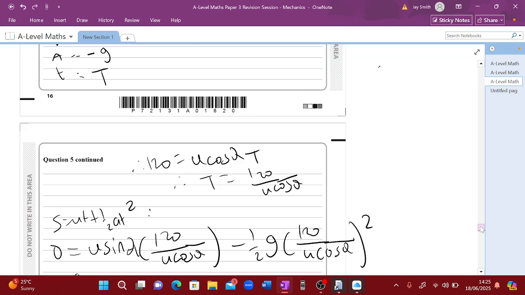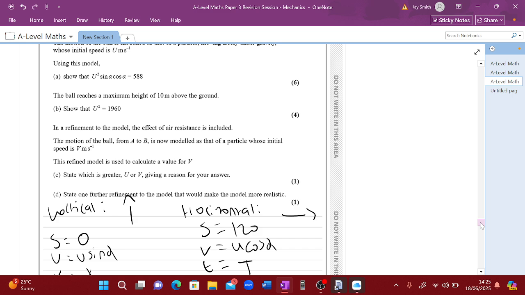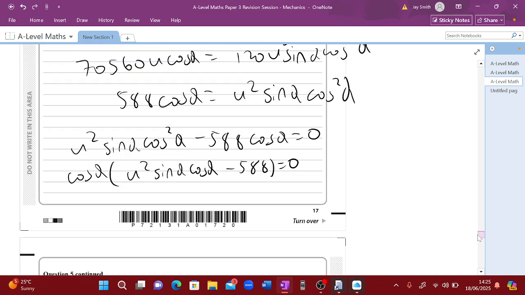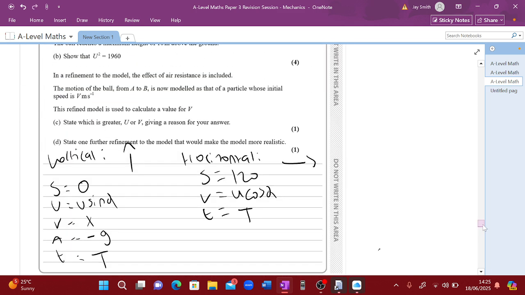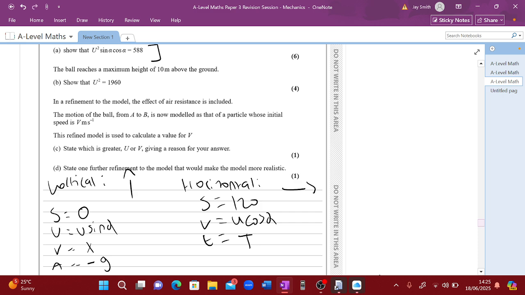So either cos alpha equals 0 or u squared sine alpha cos alpha equals 588. Now, that's what we want to show, there we have it for 6 marks. Cool.